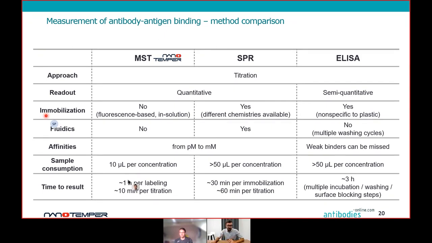Then, whenever I received a new S protein variant from Antibodies Online, I could take out a fresh antibody and do my titration measurement and obtain the KD for the interaction. In SPR, it might take maybe a little bit longer. In ELISA, that's probably the most time-consuming method because you have many steps of incubation, of washing, of surface blocking. So it can easily take maybe around 3 hours.